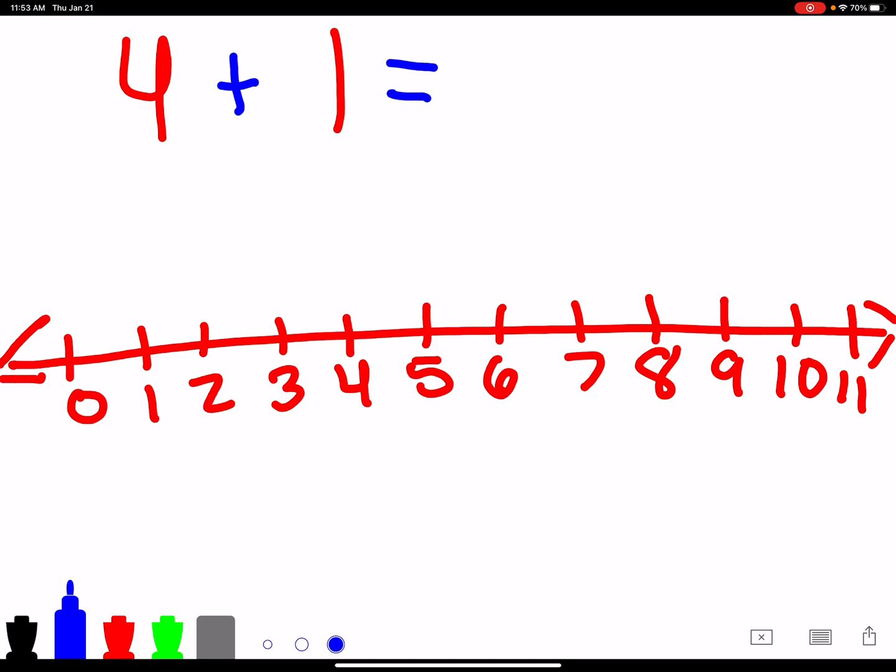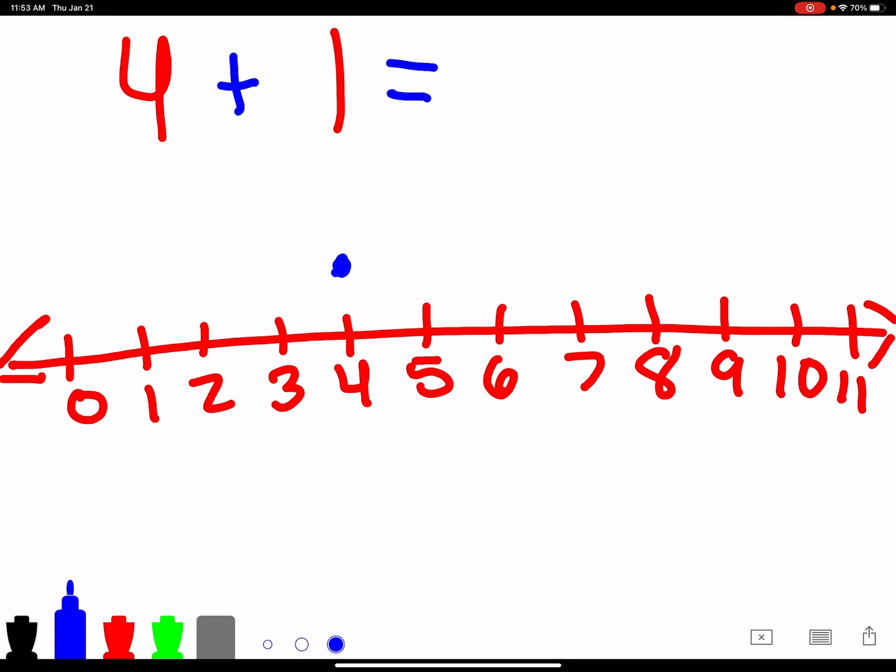So 4 plus 1 is what? Now, like I said, you could put your dot on the 1 or the 4. Either way, you will still get the correct sum. But what I like to do is, since I know 4 is bigger than 1, I like to place my dot on the 4. So that means I have less counting to do. Since I placed my dot on the 4, how many more do we need to count up? 1.